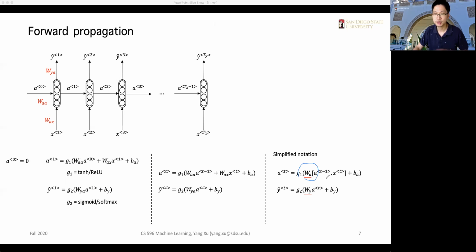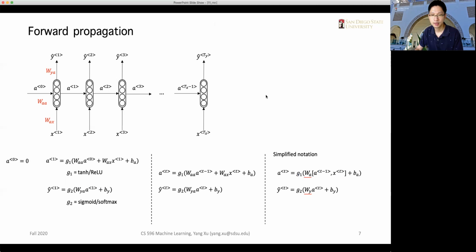And the inputs are also combined into a joint vector, where we put AT minus 1 along with XT together, appending them into a long vector. That will make our representation much easier to write.